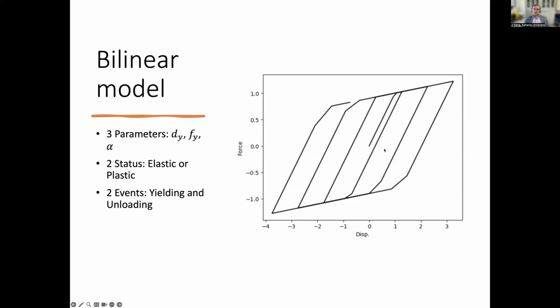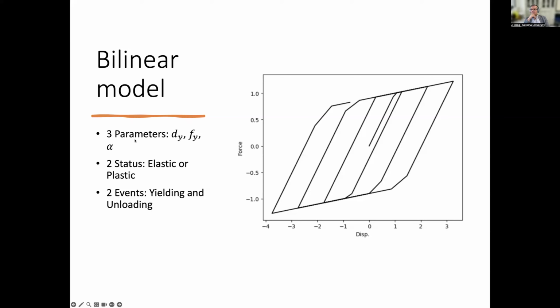You can see that they have three parameters: dy, which is the yielding displacement, fy, which is the yielding force, and alpha. Alpha is the stiffness ratio of after yielding to before yielding, right? The second stiffness is alpha times the first stiffness.